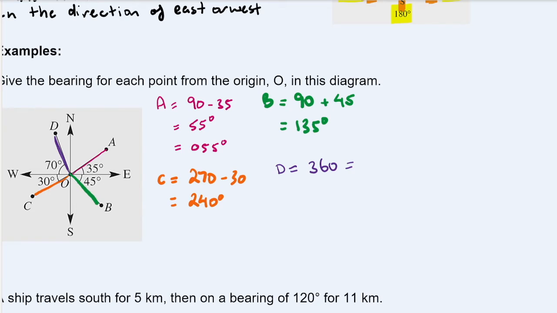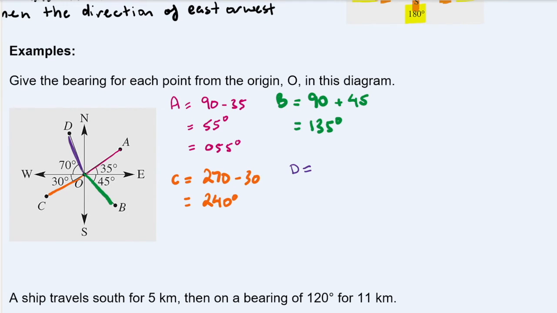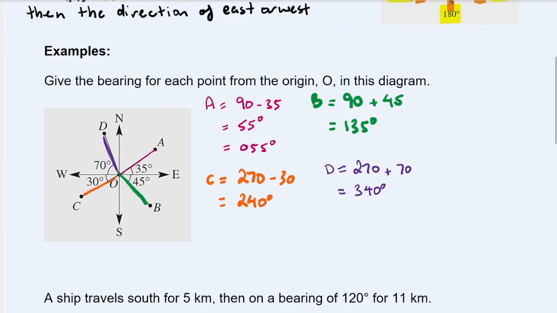Let's do it a little bit different. Let's take that 270 that's at west and add the 70 to that. That's actually going to get us a far more accurate answer of 340. And that's all there is to doing those directions and bearings.